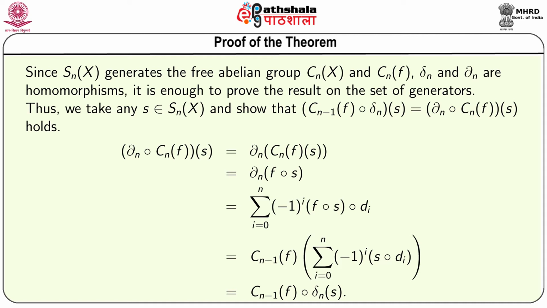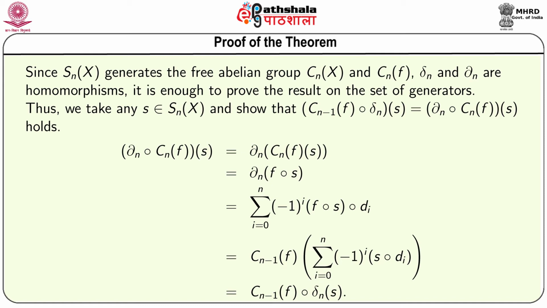Now, del n compose Cn f operated on S is del n operated on Cn f S, but that is equal to del n on f composed S by the definition of Cn f, but that is again equal to summation, i equal to 0 to n, of minus 1 to the power of i, f composed S composed d i.